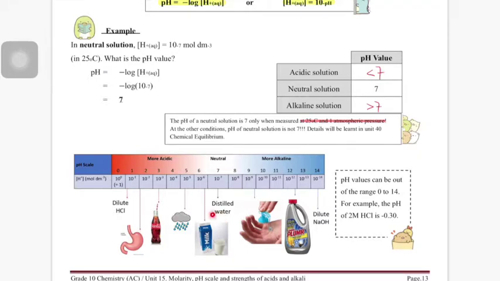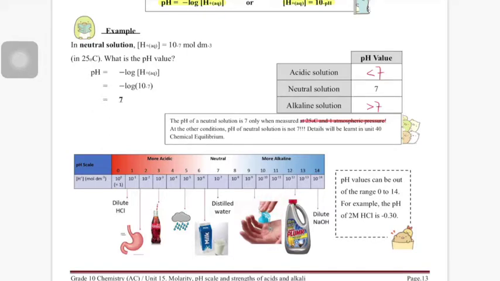And then we got milk. Remember, milk is also slightly acidic. That's because of the lactic acid inside it. Lactic acid we have mentioned in our previous unit. And then neutral solution at pH 7. And then we got alkaline solution. The soap that we use, the shampoo that we use, they're all alkaline solution.